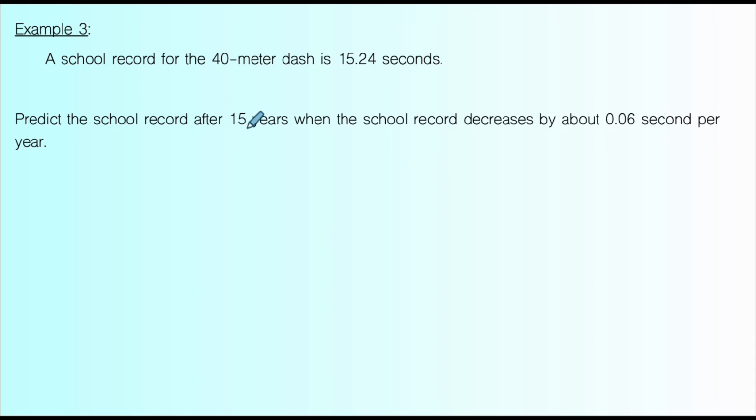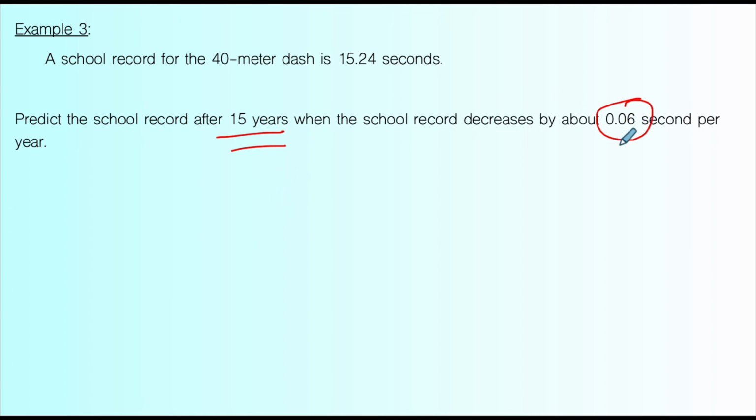A school record for the 40-meter dash is 15.24 seconds. Predict the school record after 15 years, when the school record decreases by about 0.06 seconds per year. So every year, people apparently are getting a little tiny bit faster.